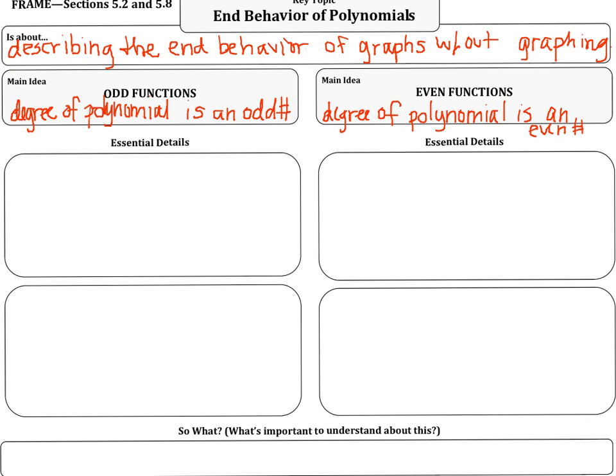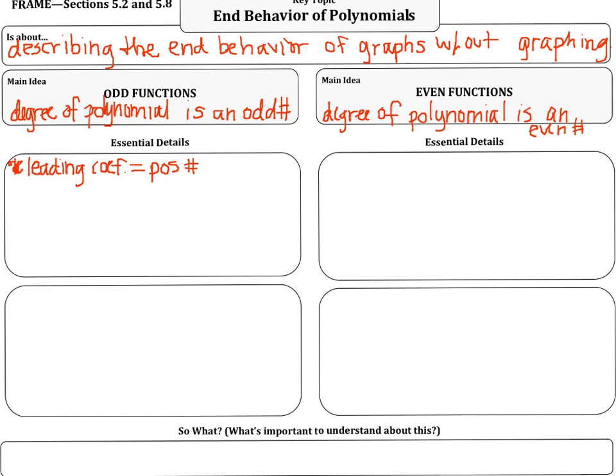So for odd functions, we have two different types that we could look at. First one, our leading coefficient is a positive number. So if I had like 6x to the third, x to the third, 3 is an odd number, so it's an odd function.